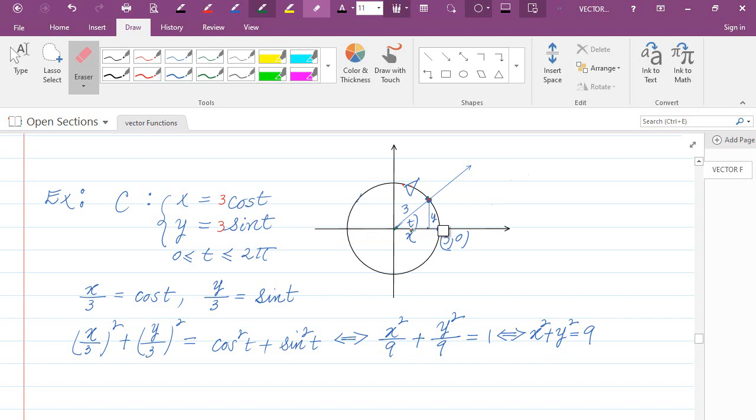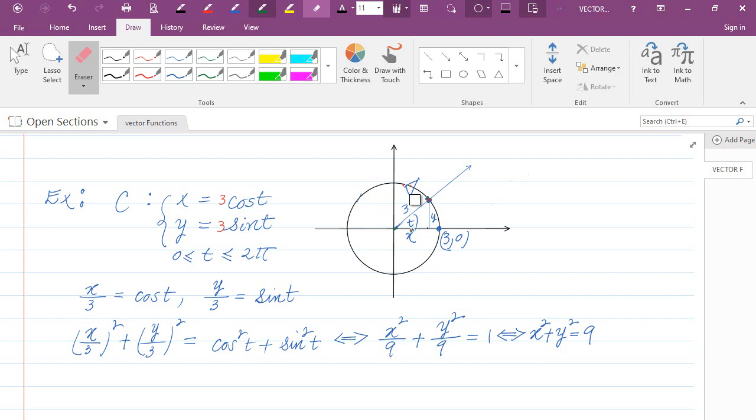So since x goes to the left and then comes back to the same point to the right, that tells us that the circle is traced once counterclockwise. So that's another way of looking at this.